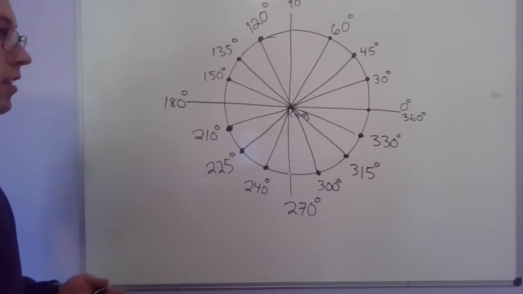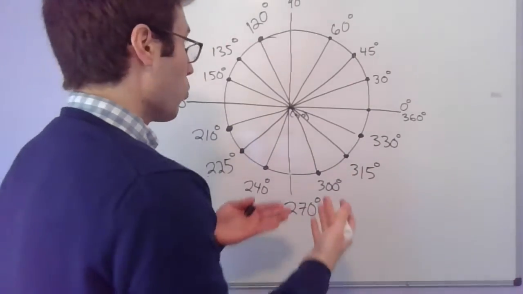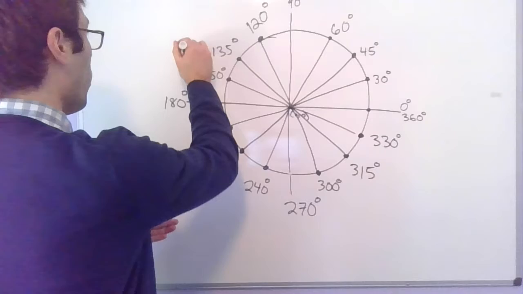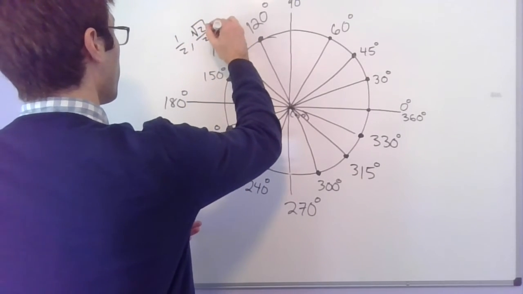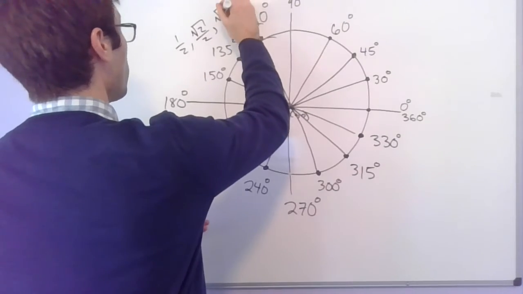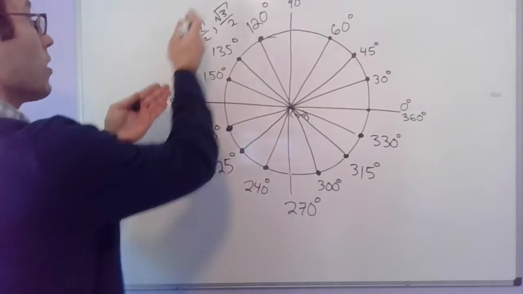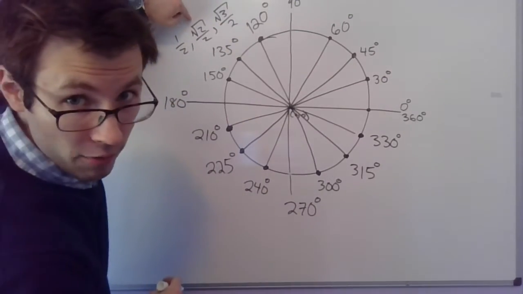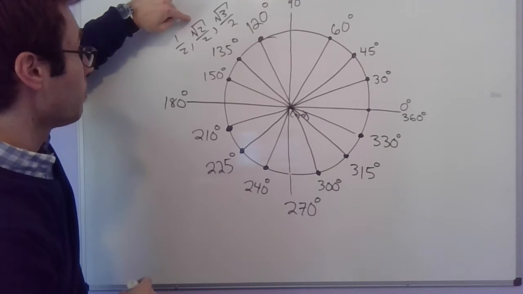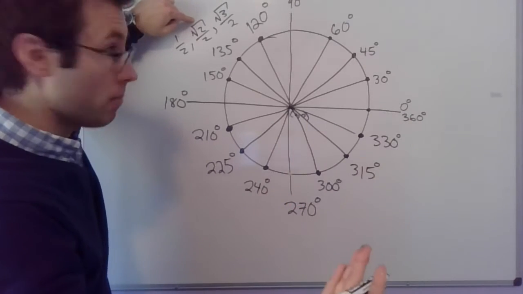Now, I want to focus in on the points. The three important points were 1/2, square root 2 over 2, and lastly, square root 3 over 2. Now, we talked about this being the 45, 45, 90 triangle, and this value we're going to see is going to get repeated.